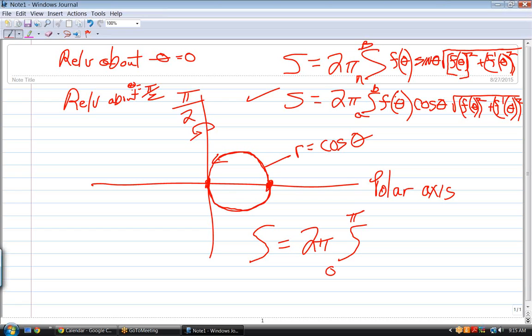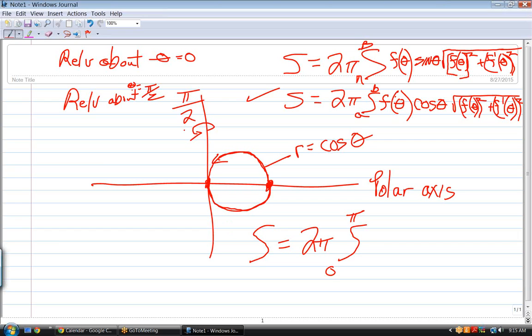And their little note here is to be careful about double tracing it. Okay, let's see. Alpha and beta is what is required to trace exactly once. And this circle is traced out when we go from 0 to pi.